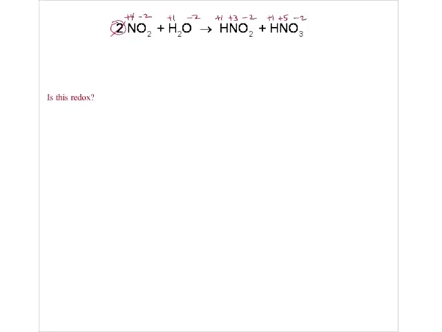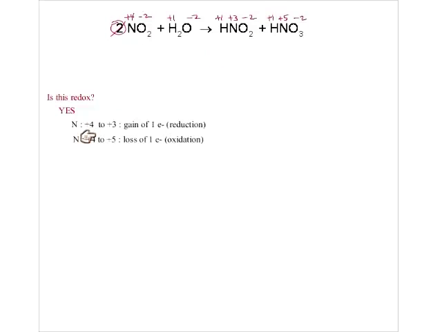Is this redox? I got a feeling it is, because nitrogen went from +4 to +3. So it was deficient in 4. Now it's deficient in only 3. That means it must have gained 1. So that was a reduction. Reduction happened to nitrogen. And I'm also looking at this and saying, hey, nitrogen also went from +4 to +5.